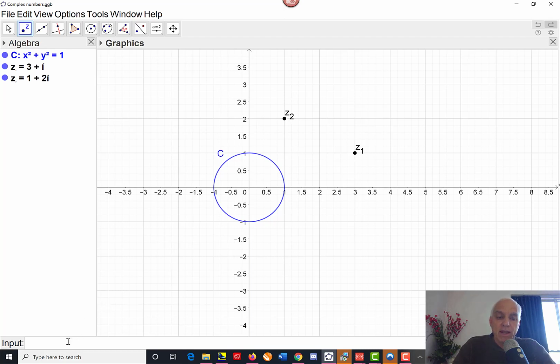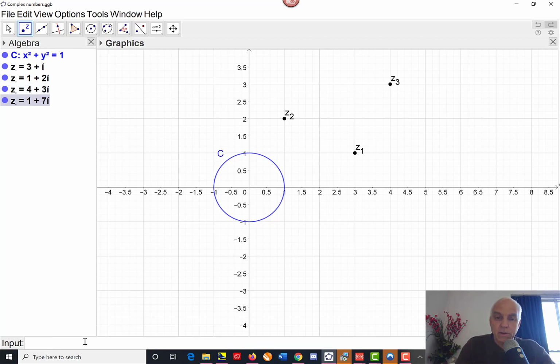So this thing can actually deal with these. Suppose I want to do Z1 plus Z sub 2. Let's see if that works. Oh, great. So you can see that the sum of these complex numbers is this one up here. And that is indeed how we add complex numbers. And if we wanted to multiply them, Z sub 1 times, with a star in GeoGebra, times Z sub 2.